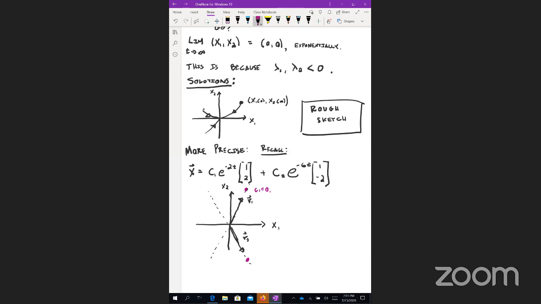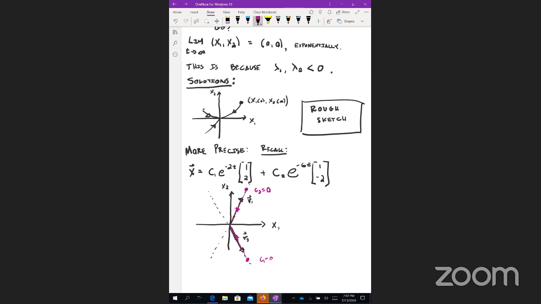Sorry, if C2 equals 0, then our initial condition is going to be somewhere along this vector, and in fact, it will stay there and go into 0. And similarly, if C1 equals 0, then we're starting somewhere along the V2 vector, and we follow it straight into 0.